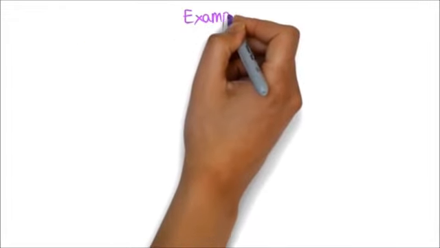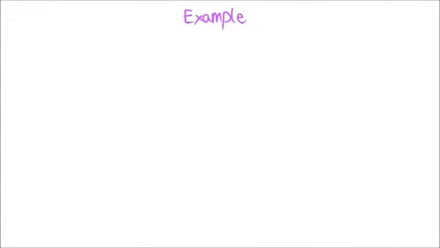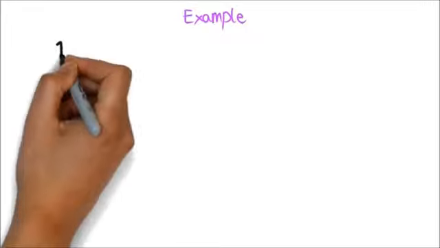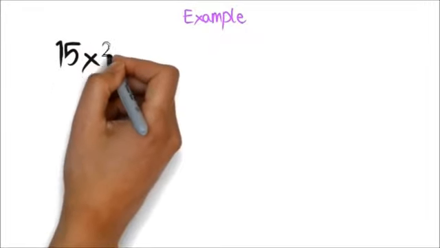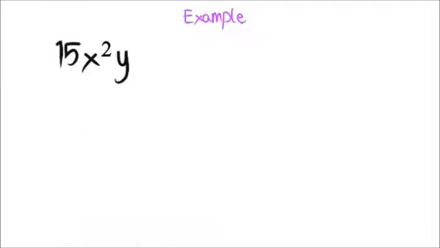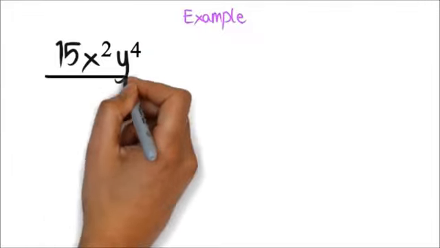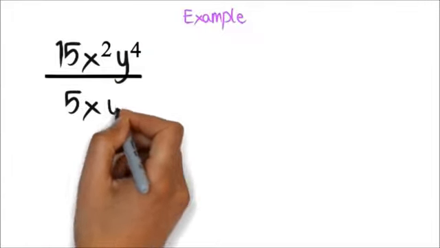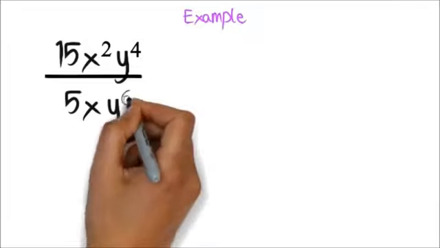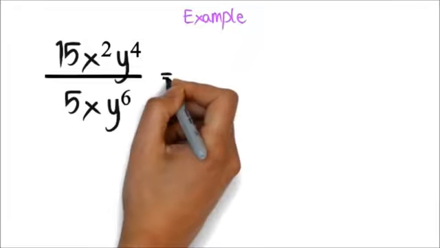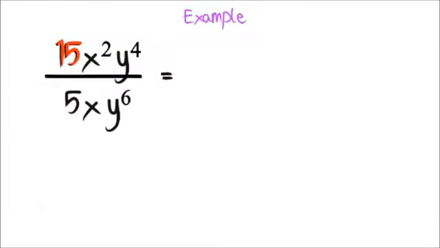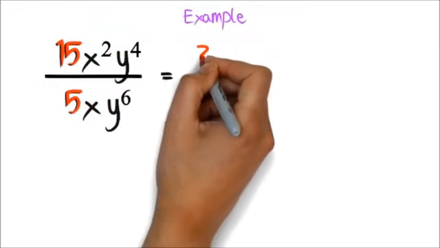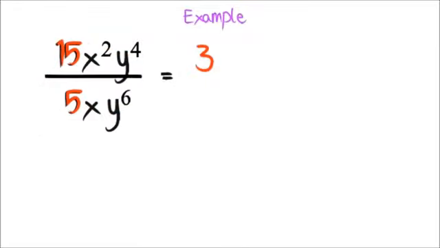Let's try another example. Here we have 15x squared y exponent 4 divided by 5xy exponent 6. First, we divide the 15 by the 5 to get 3.